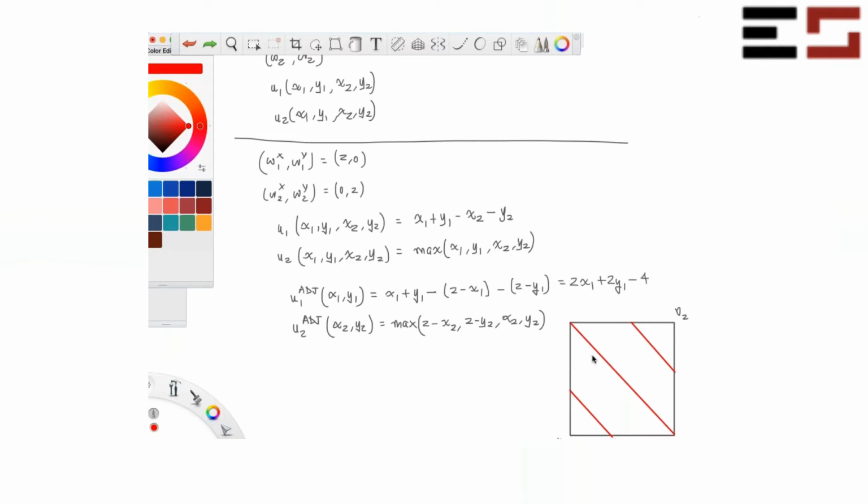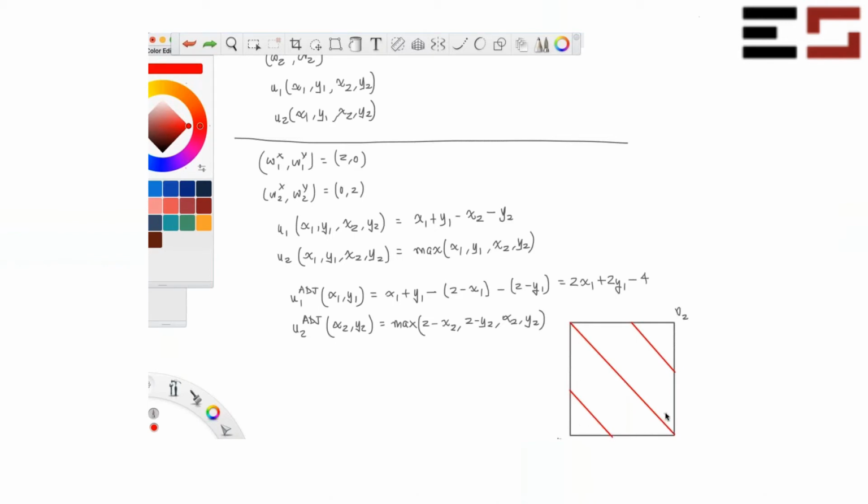So what all points give this particular individual maximum utility? Basically I'm asking you the indifference curve for the 2 level of satisfaction. x1 is 0 or y1 is 0, that's right. x1 is 0 means this, y1 is 0 means this.